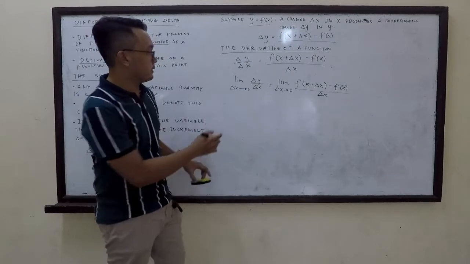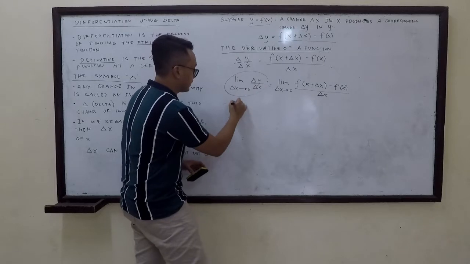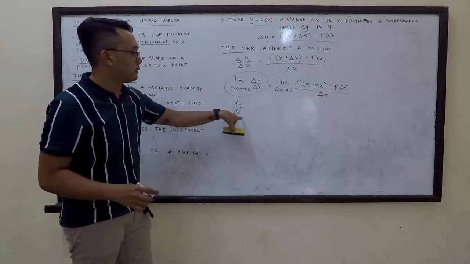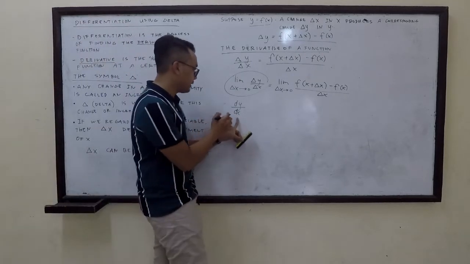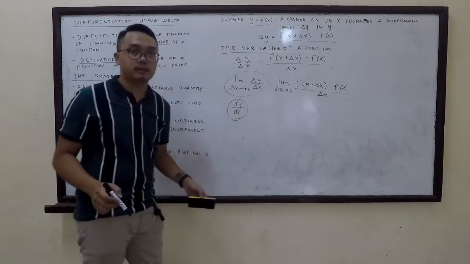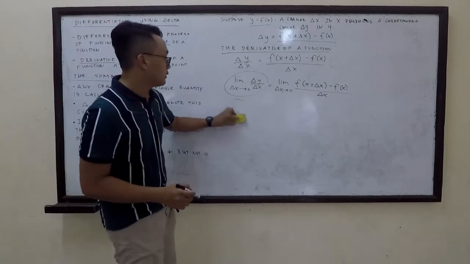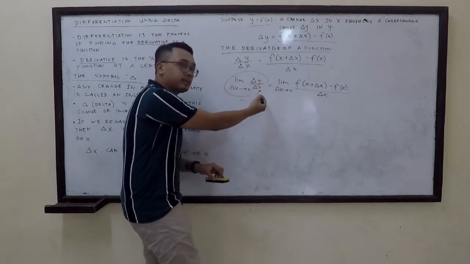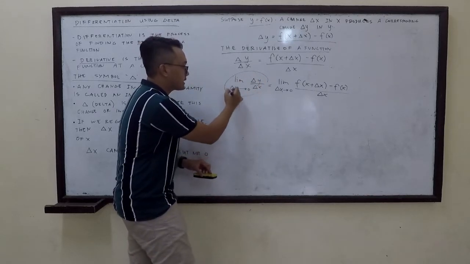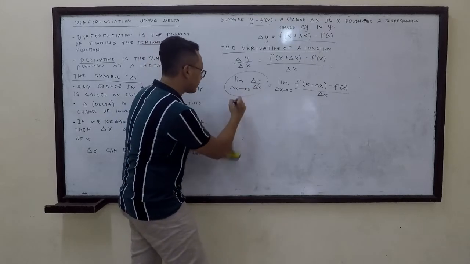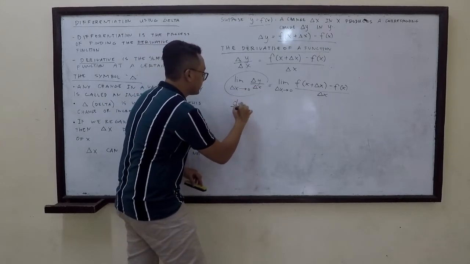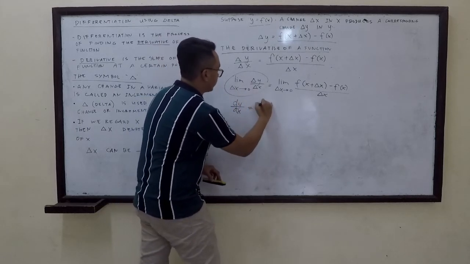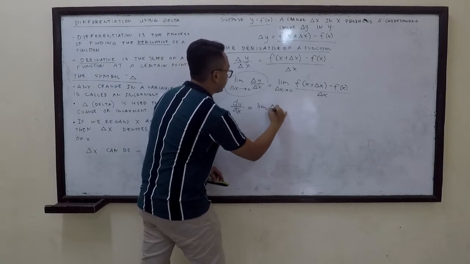Okay, so this is also called, this is nothing but dy over dx. We are going to meet and handle a lot of these in our subject. So remember, the limit of delta y over delta x, as delta x approaches 0, is just dy over dx.